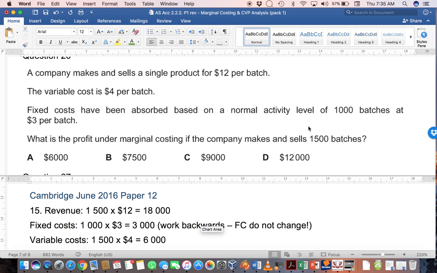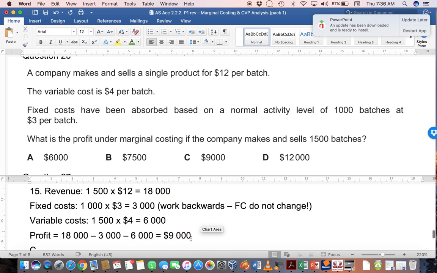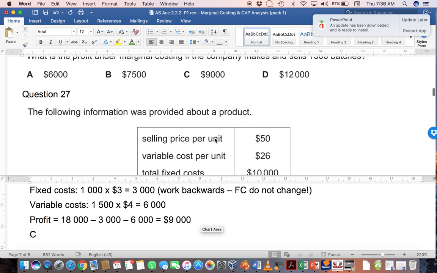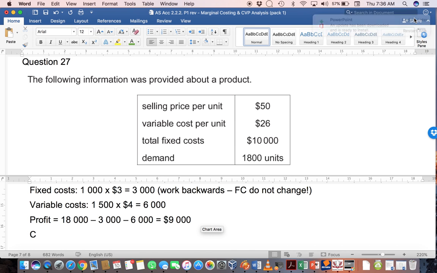The variable costs, however, I will again go back to the 1,500 that I am using for my budgeting. And over here, I know that the variable cost is $4 per batch, so therefore 1,500 at those $4 is going to be $6,000 as my variable costs. I can then work out the profit as my revenue 18,000 minus fixed costs of 3,000 minus 6,000 variable, which gives me a profit of $9,000, or C.